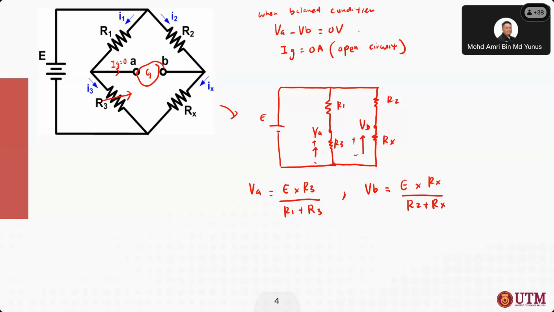But we know from here that VA minus VB is equivalent to 0. Therefore, E times R3 over R1 plus R3 minus E times Rx over R2 plus Rx is equivalent to 0.